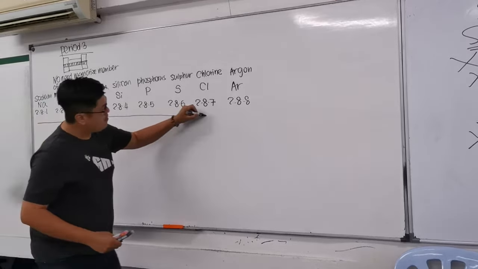You have more and more protons in the middle, and when you have more people in the middle, you have a stronger pulling force. The force of attraction between the nucleus and the electrons becomes stronger. So when you have a stronger pulling force, therefore the size shrinks. The size becomes smaller.